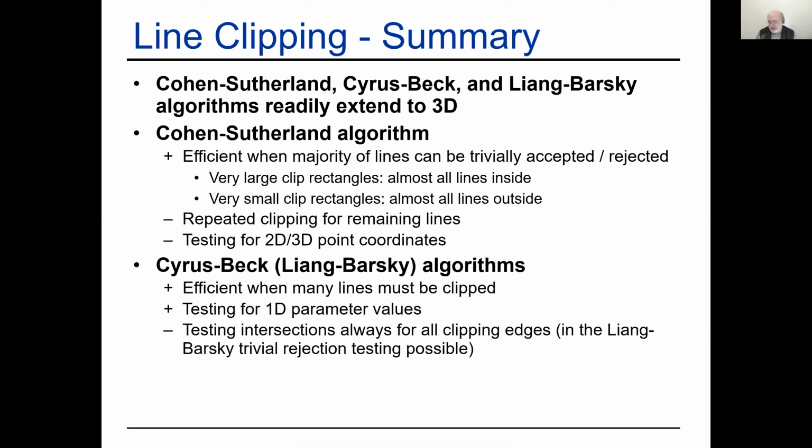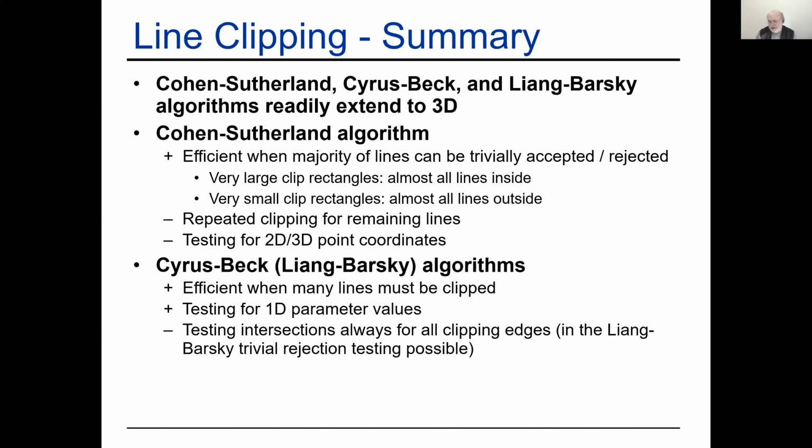With Cyrus-Beck, here's a little bit of a discussion of the pros and cons. The pro of Cohen-Sutherland is that it is most effective if the majority of the lines can be trivially accepted or rejected.